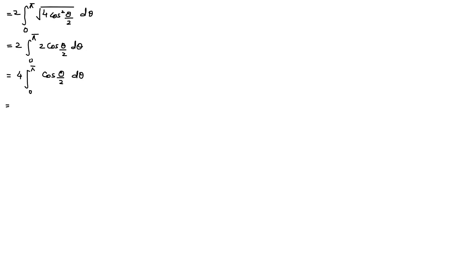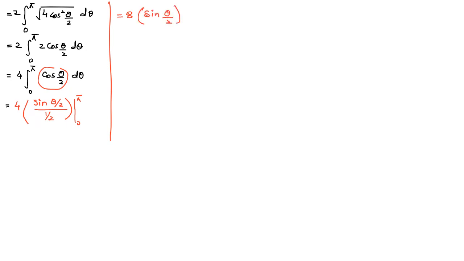So what is the integration? What is the integration of cosine of theta by 2? 4 you have to write exactly the same. The integration of cosine of theta by 2 is sine of theta by 2, and the derivative of theta by 2 is 1 over 2, from 0 to pi. Simplify it, you will get 8 sine of theta by 2.